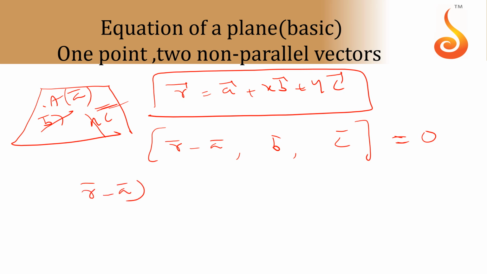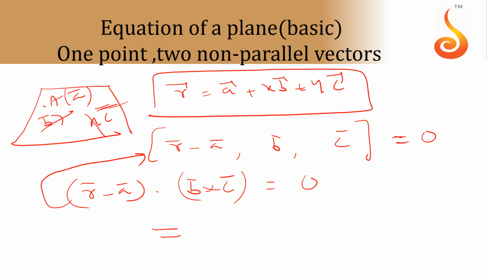R bar minus a bar is a vector and b cross c is a vector which is perpendicular to the plane, then its dot product also should be equal to 0. So the same thing we expressed in the box form. So this structure we can tell in these many ways. This first one is called parametric form, other ones are called non-parametric forms because you don't find any parameter there.